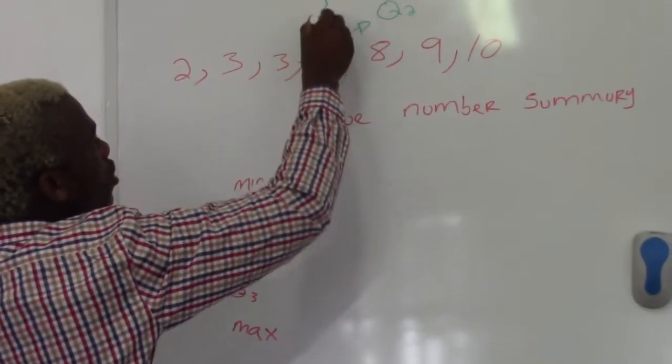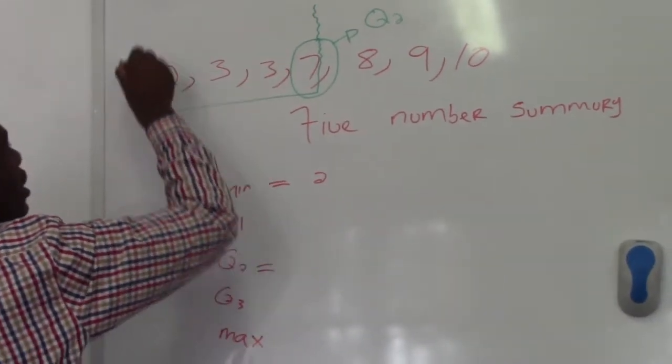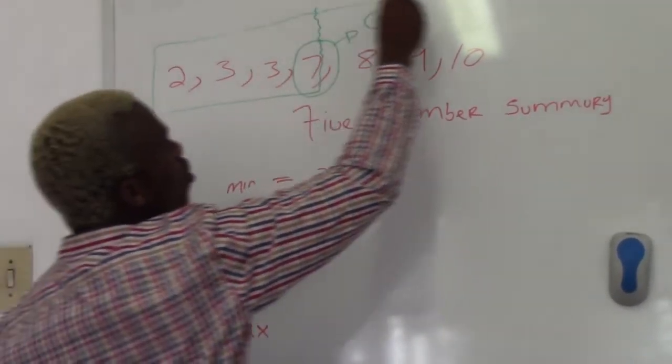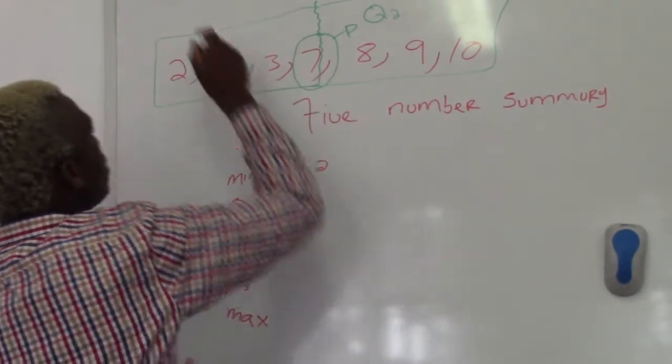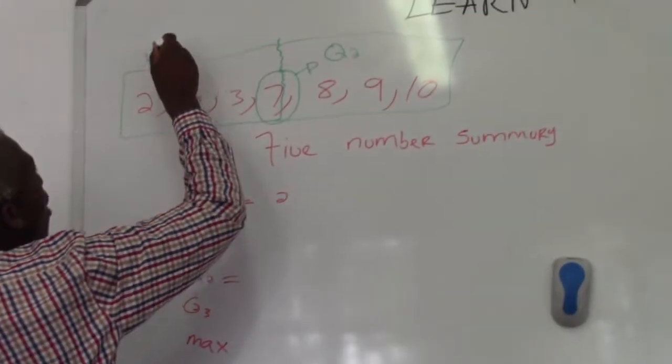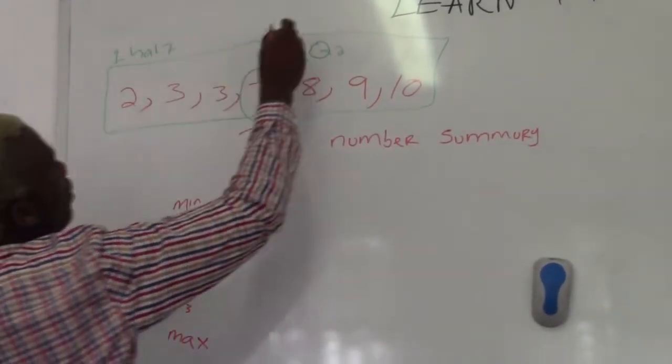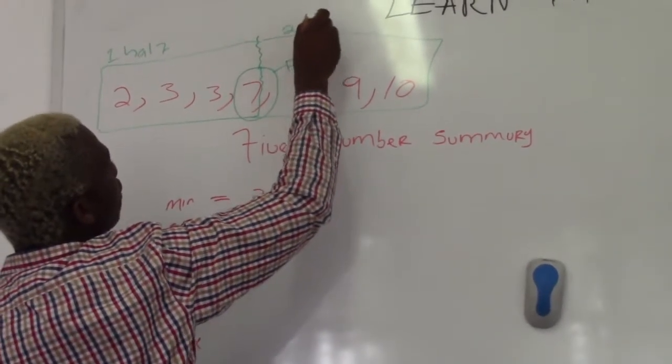So therefore, Q2 divides the data into 2 halves. This is the first half, then this is the second half.